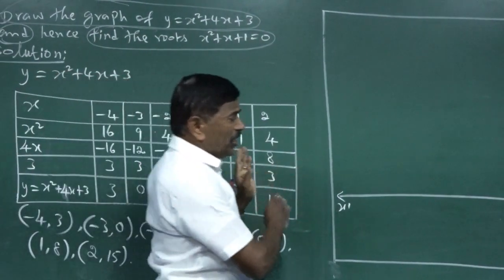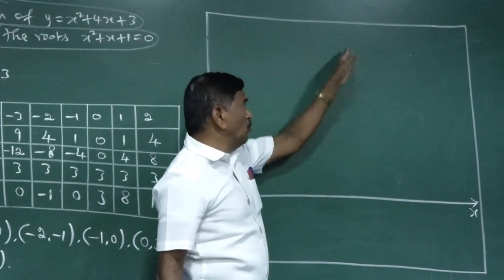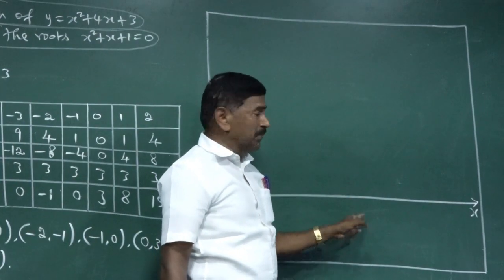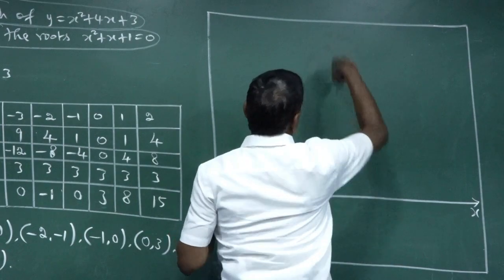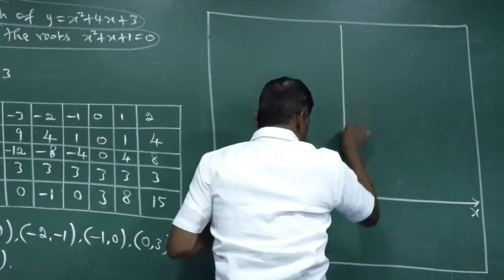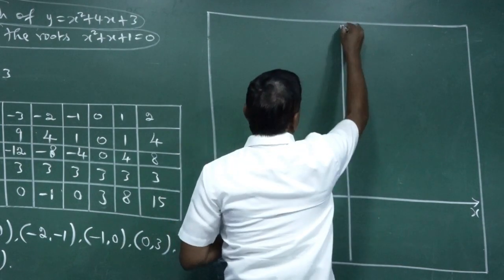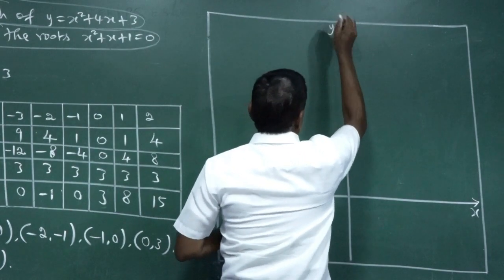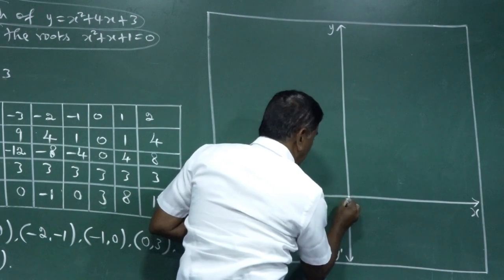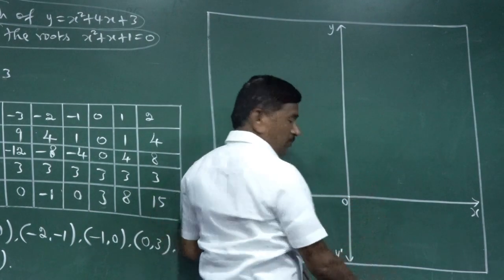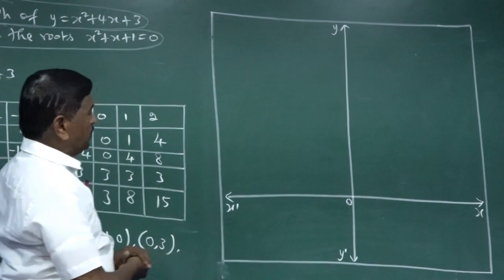But for -4 to +4, one can draw the y-axis at the center, no problem. Because the x value is -4 to 2 only. So let us draw the y-axis, y-dash axis. The meeting point is 0, the origin. Okay, up to this ready.